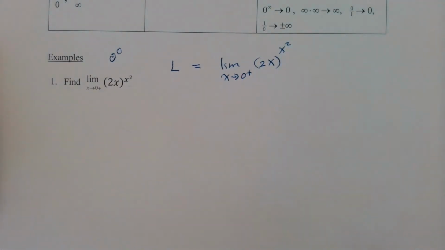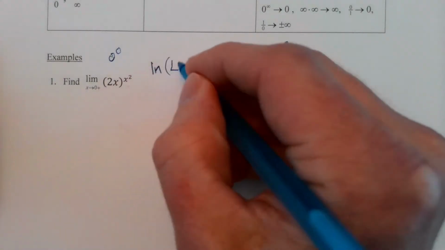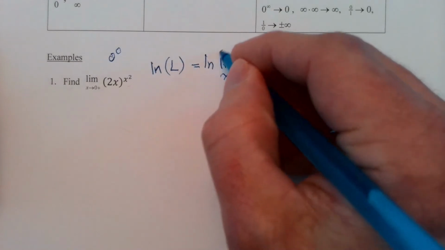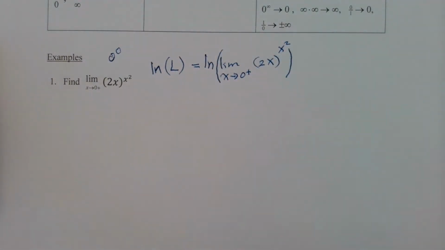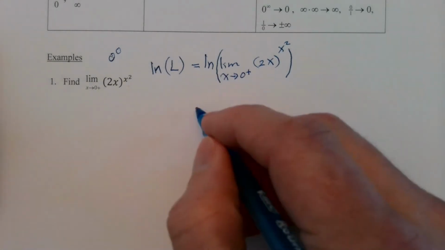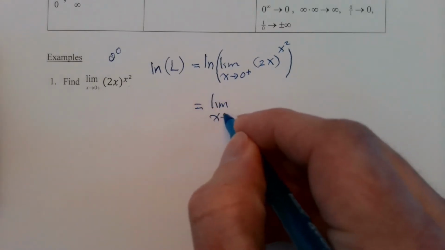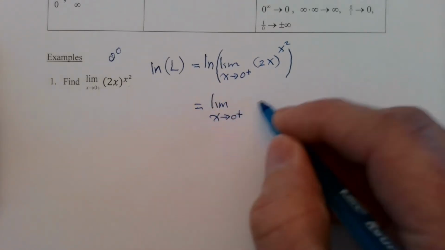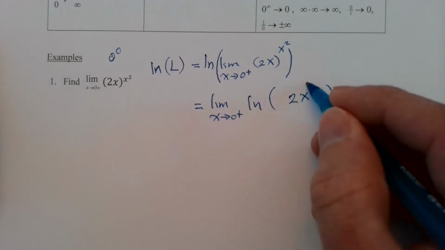And then we take a natural log on both sides. So I'll go ahead and do that here since it fits. And then we let that continuous log function go inside the limit. And that looks like this. Limit as x approaches 0 from the right of the log of 2x to the x squared power.